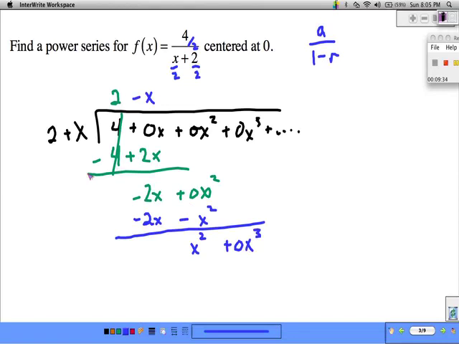How do I get 2 to become x squared? Well, I need to multiply by 1/2 x squared.